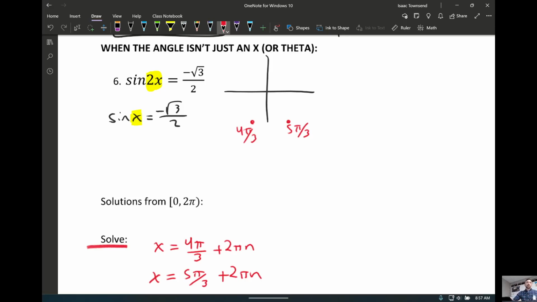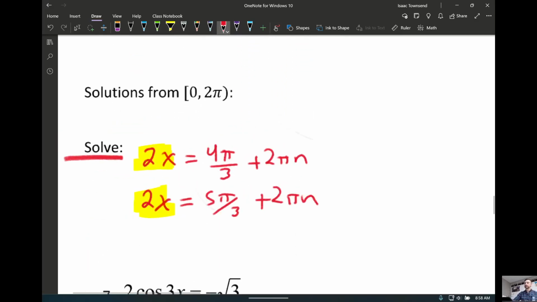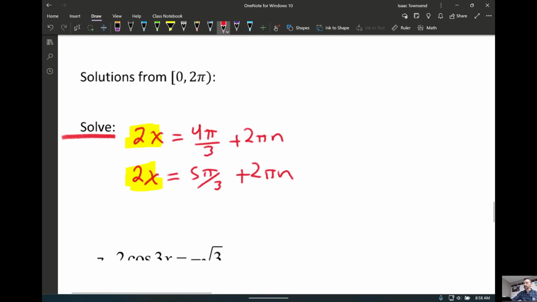Now, this can't be my answer because I didn't really work the question they gave to me. I worked it like it said sine x when it's really sine 2x. So I didn't solve for x. I solved for 2x. That's not a problem because I can simply divide everything by 2.